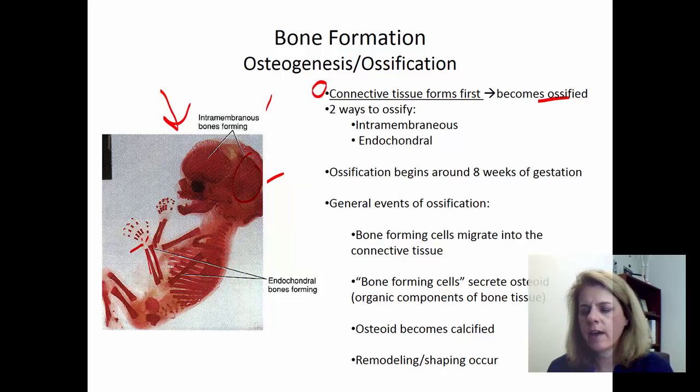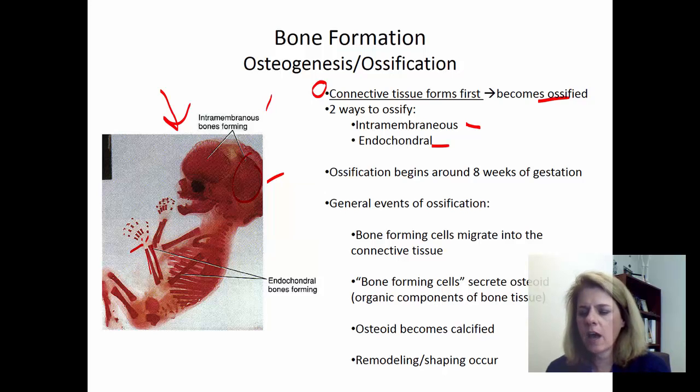You can ossify it in one of two ways, something called intramembranous ossification or endochondral ossification. One requires a membrane and one requires cartilage, and we're going to talk about the different types of ossification. But in both cases, you lay down connective tissue first, and then you ossify or harden it, put the calcium in it, and turn it into bone.